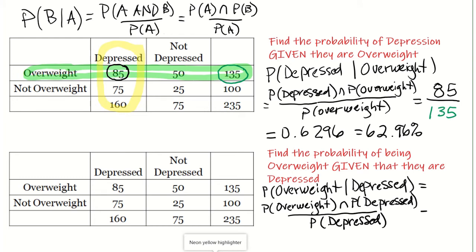So I'm going to want to find my denominator first. So I'm looking for the depressed participants, and I want to get the probability of all of the depressed participants. So that is going to be 160. And that's going to be my denominator, probability of depressed.